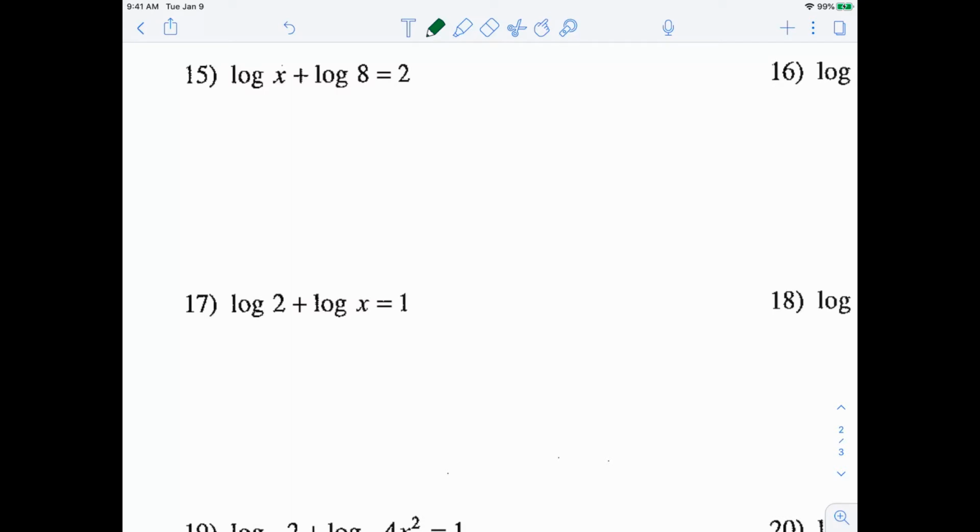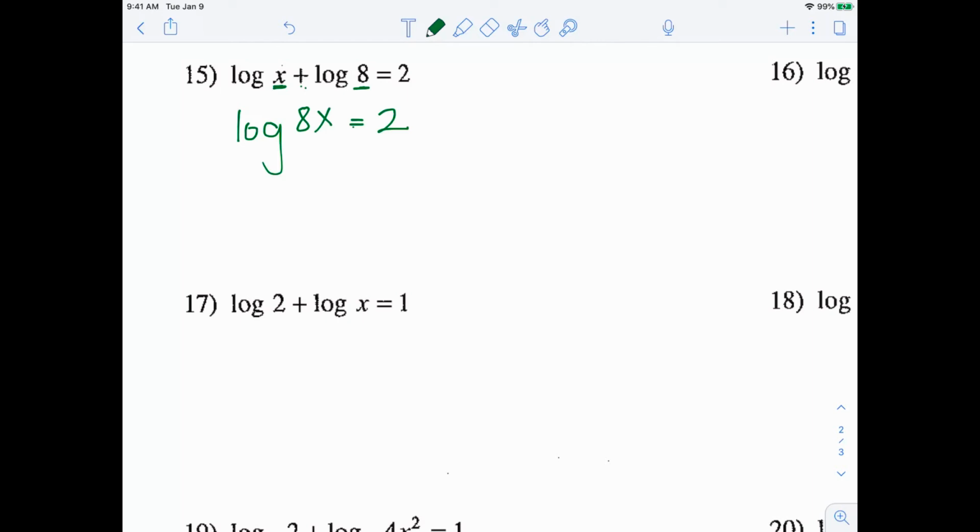Looking at number 15 now, we're going to have to actually start applying our log properties because we only ever want to have one logarithm on either side of the equation. So again, because we're adding here, we have to simplify that to a single logarithm. So I'm going to multiply, because we're adding, the x and the 8. So this becomes log of 8 times x, or 8x, equals 2. Now, this log doesn't have a base, so it's base 10.